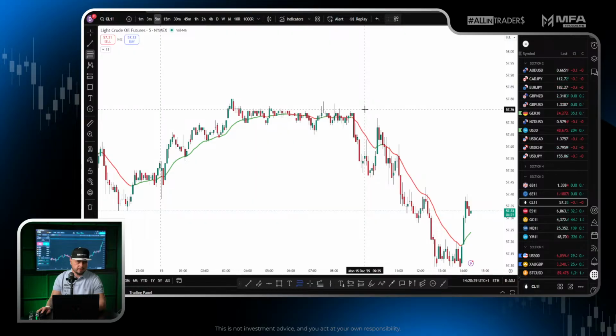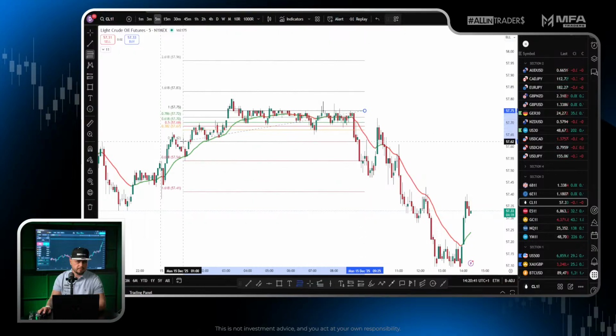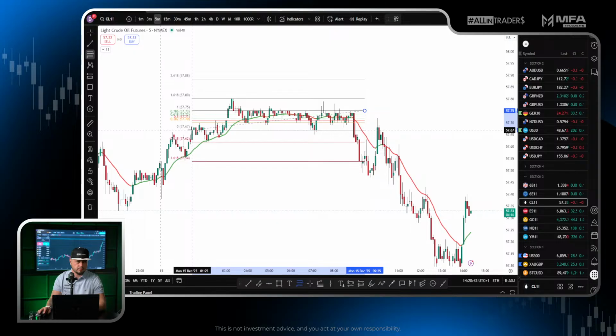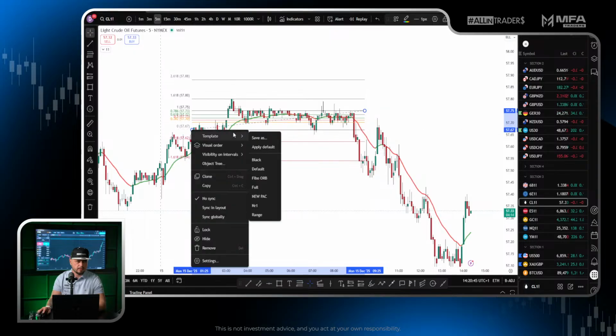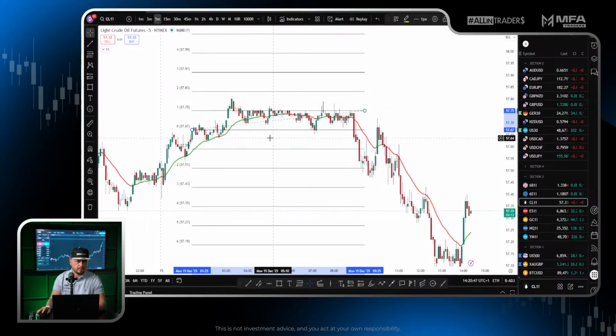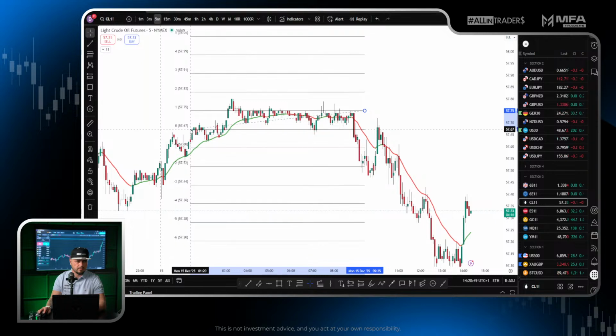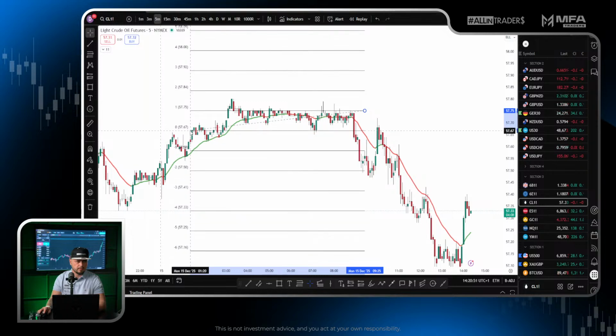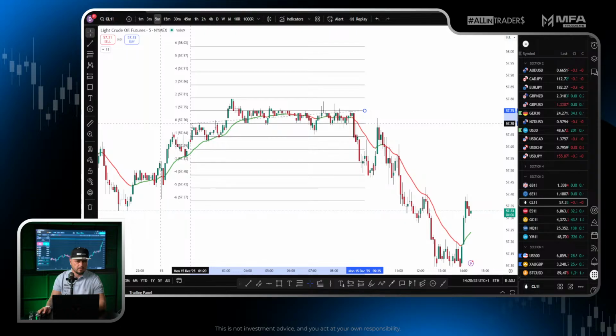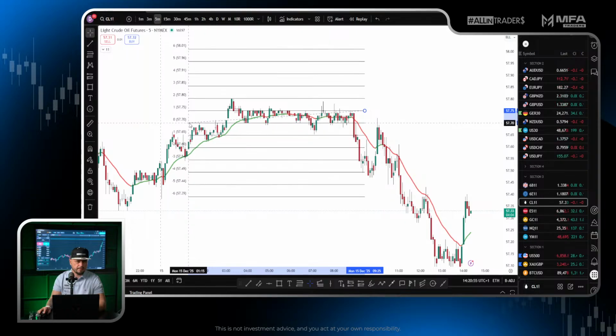Because we are looking for as many reactions as we can find from the top. So probably it will have to be like this. Template black. Because if I'm gonna mark range like this, okay, it's fine.